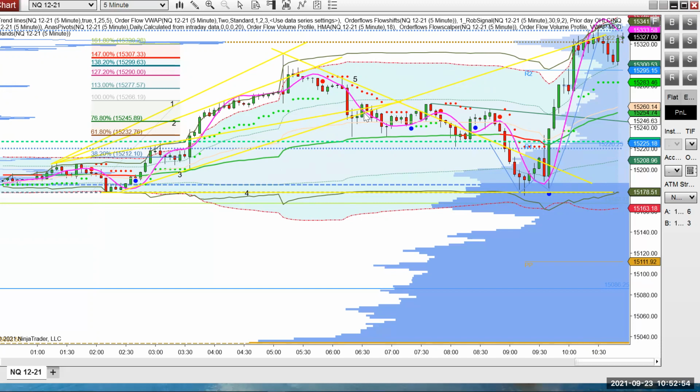So you have another low here. If you connect that here to here, that would have been like the 260 area. I'm going to show you 260. So right around here, that is 260.